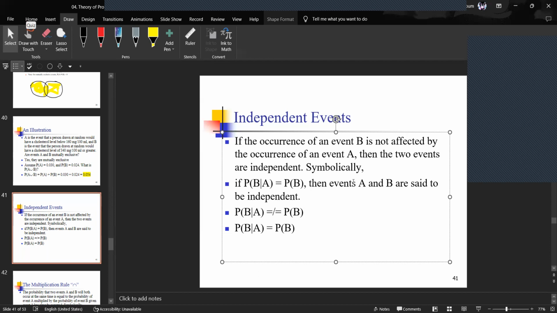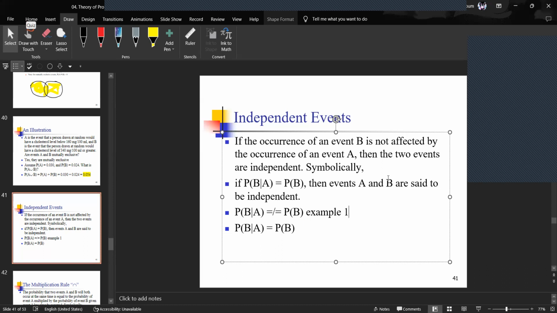Let's say event A in example 1 is it rains, and event B is you will wear a rain jacket.